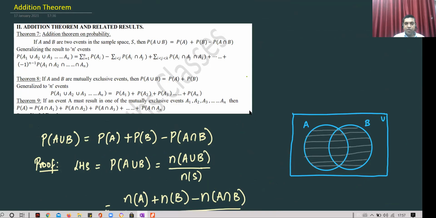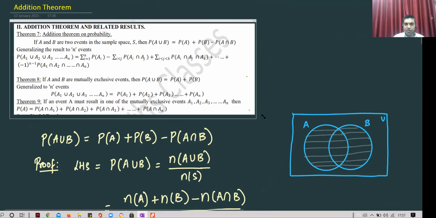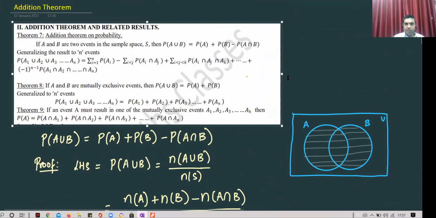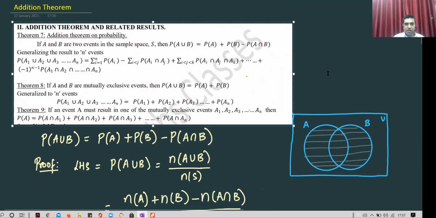Something that you need to appreciate about mathematics is that very complicated, long equations can be written very short using notations. So look at this one. P of A1 union A2 union A3 up to AN is sigma i equal to 1 to n P of Ai.